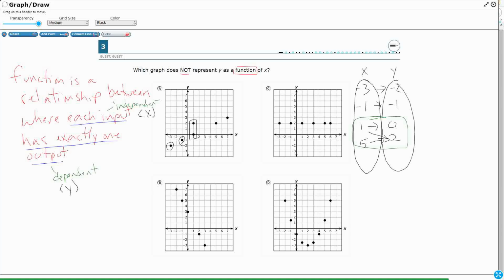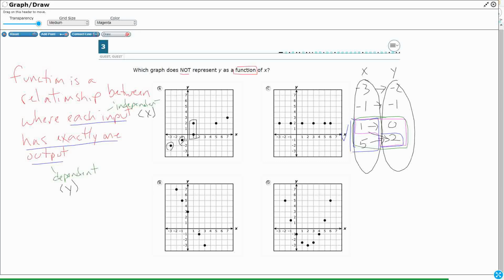Now, this is fine. So let's make a distinction. The fact that I've got these two both going to 2 is fine because 1 can go to 2 and 5 can go to 2. The problem here is that 1, I'll put that in magenta, goes to 2 different ones.